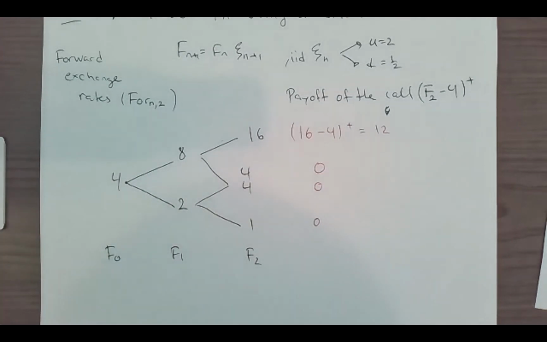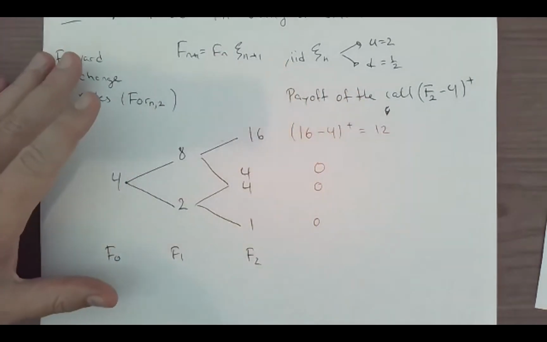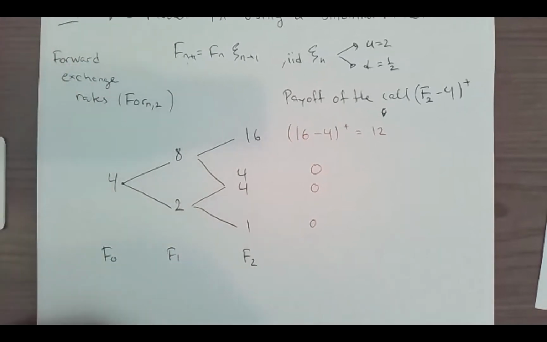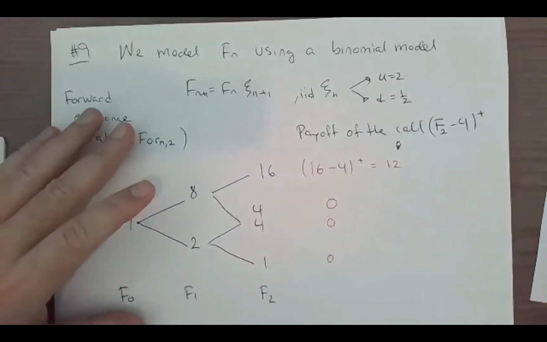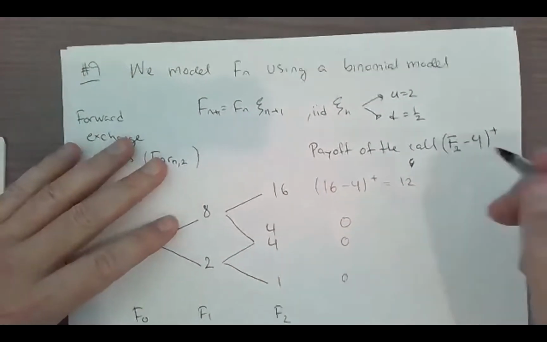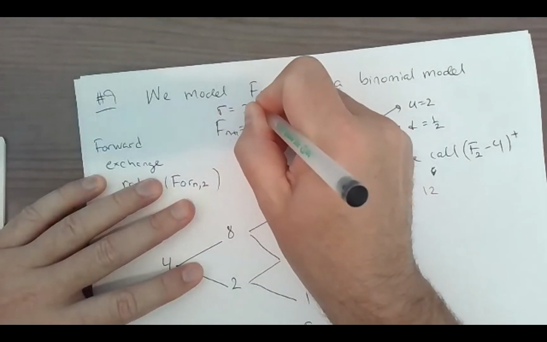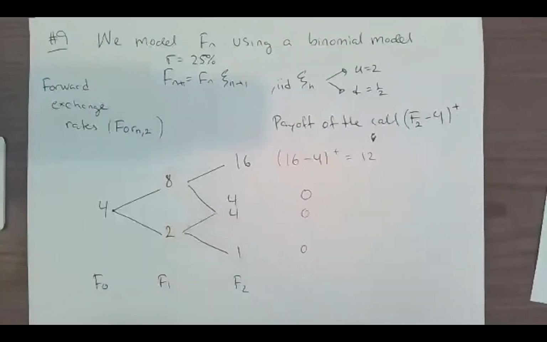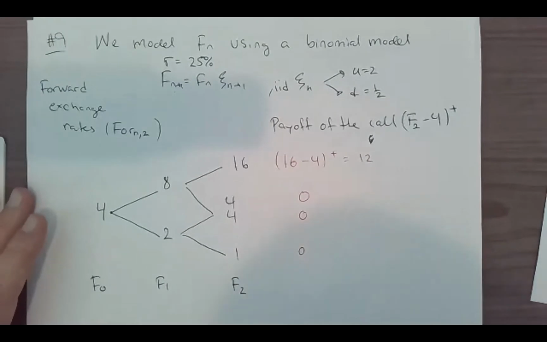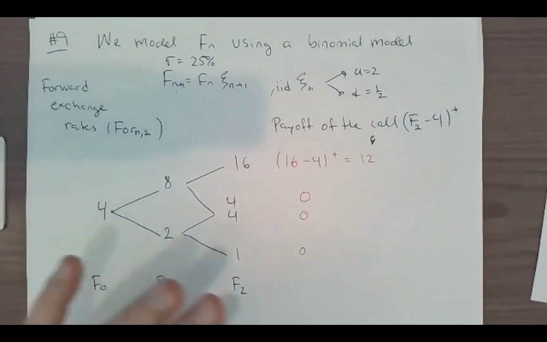And so then the name of the game is to move this thing forward. You're also being told that the interest rate is 25%. So what remains is to figure out what the risk neutral probabilities are.